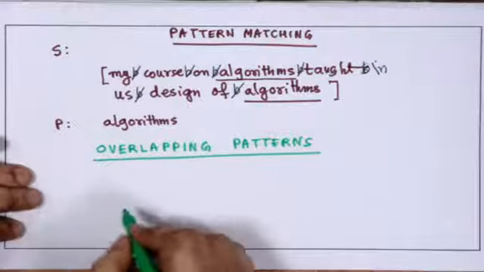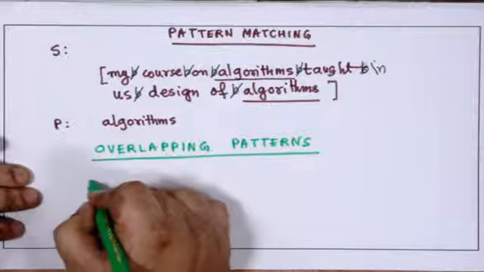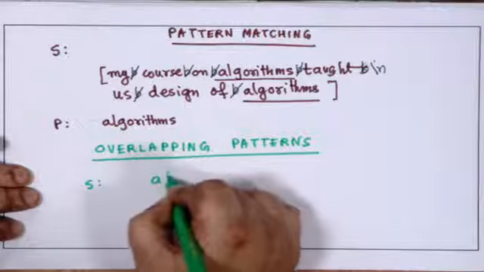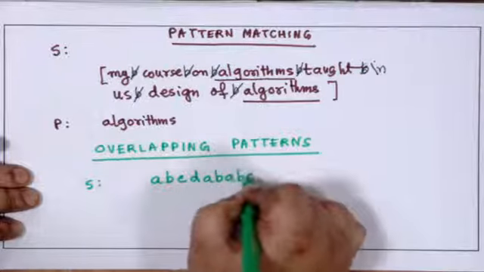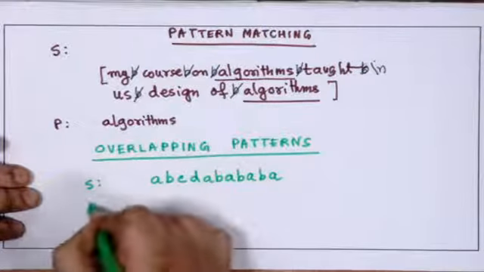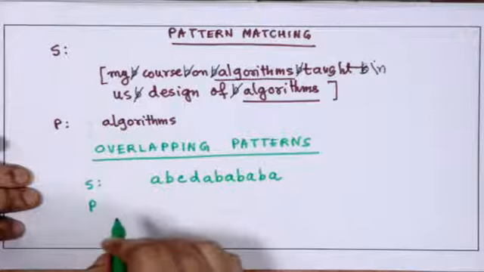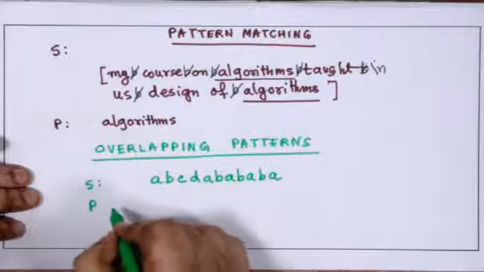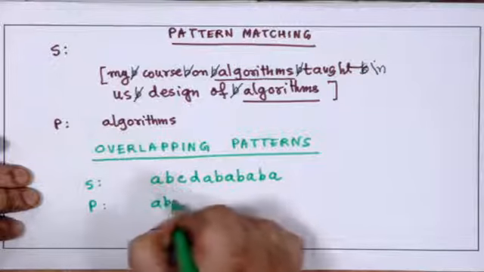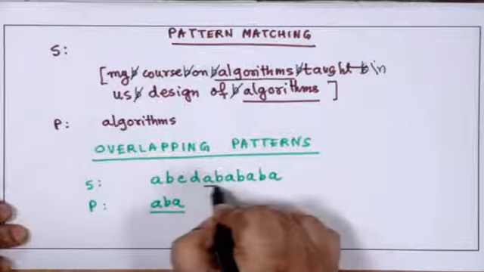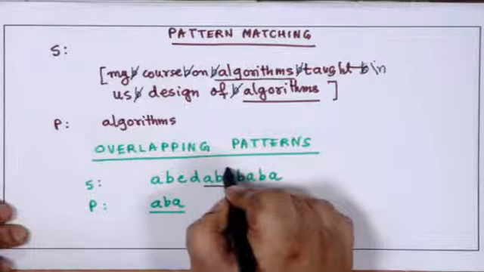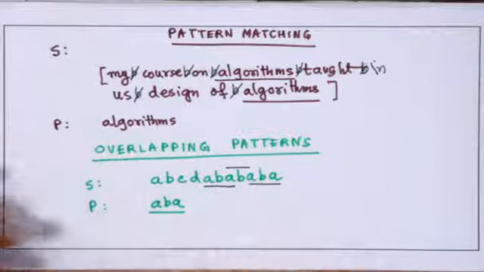Which means that suppose I defined a string S as A, B, C, D, A, B, A, B, A, B, A, and my pattern as A, B, A, then if you look at this string, here is a match, here is a match, and here is a match, and three matches are overlapping.